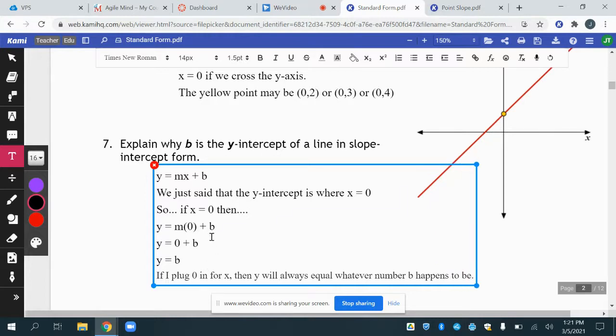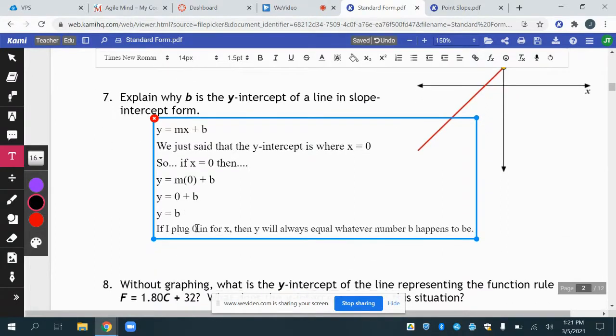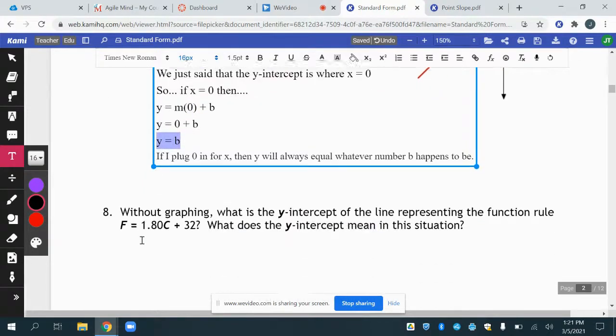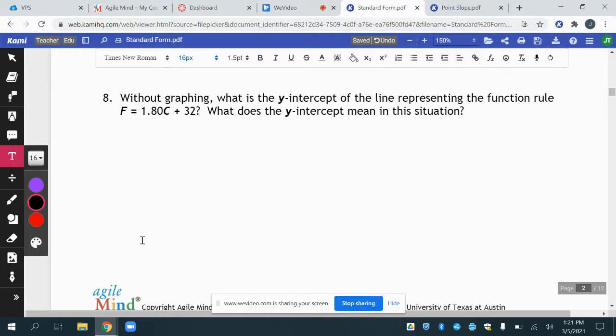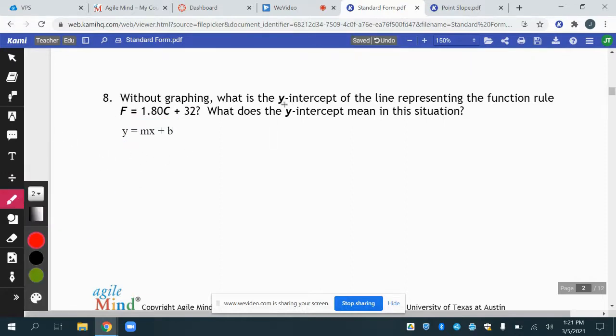That is the truth of the matter. That might be a weird way to explain it, but notice I plug the 0 in for x, and I get y equals b. All right. Without graphing, what is the y-intercept of this guy right here? Remember, y equals mx plus b. This is a very straightforward thing to understand. We want our y-intercept.